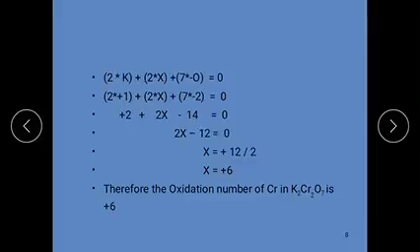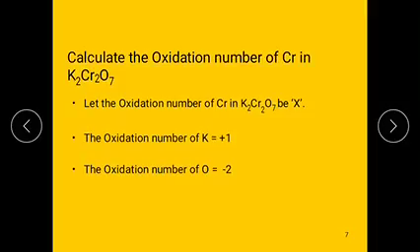Then we have to solve the problem. As per the calculation rules, potassium dichromate is a molecule. In this kind of molecule, the oxidation number can be calculated using one formula: the sum of the oxidation states of atoms in a molecule is equal to 0.